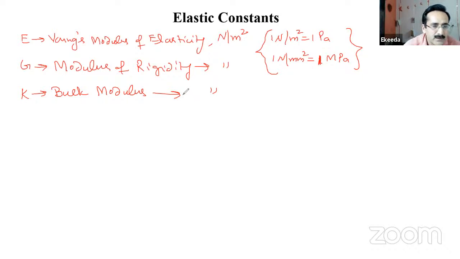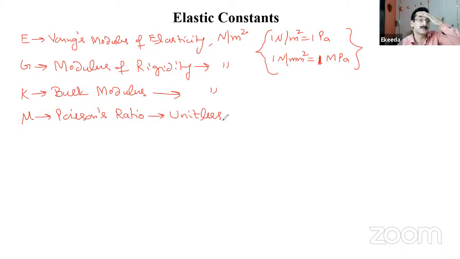And then we have the last constant, that is Poisson's ratio, and this is unitless. In the theory lecture you can read these things, and then you will be able to do the questions on this. I hope that you have read some basics of strength of materials.